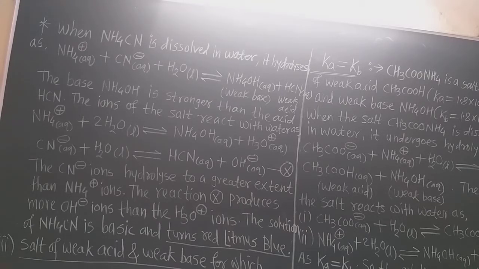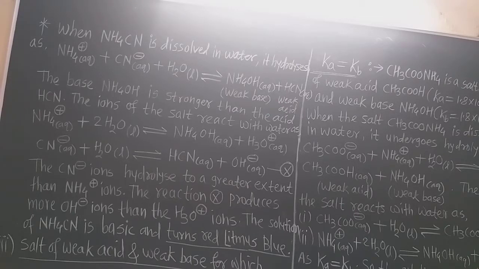Then the reaction of this salt ammonium cyanide is as shown on the blackboard. Now both these ions, ammonium ions and cyanide ions, when they react with water, there is formation of the weak base NH4OH, that is ammonium hydroxide, and the weak acid HCN, that is hydrogen cyanide.